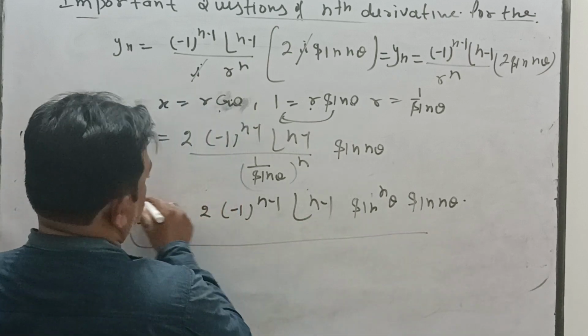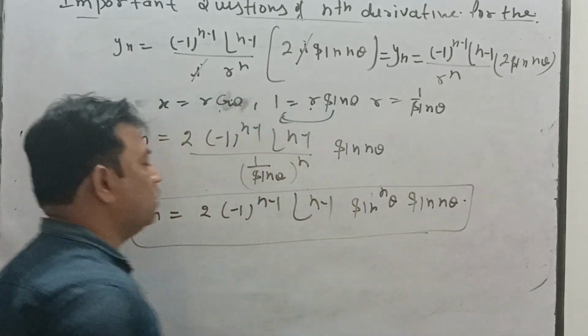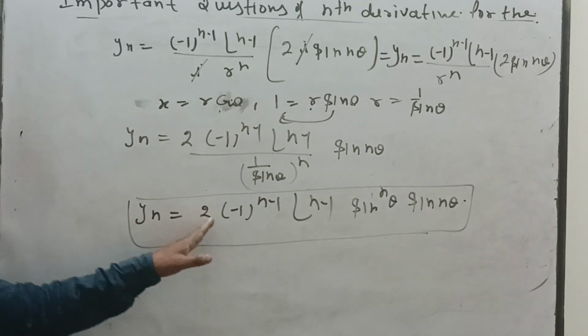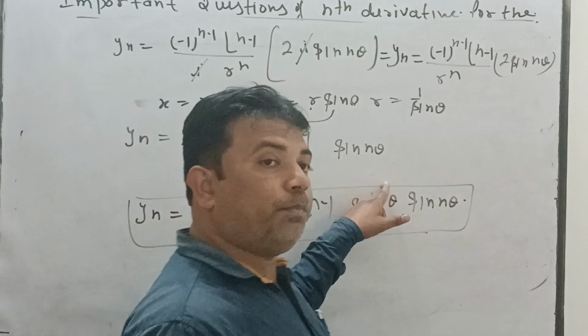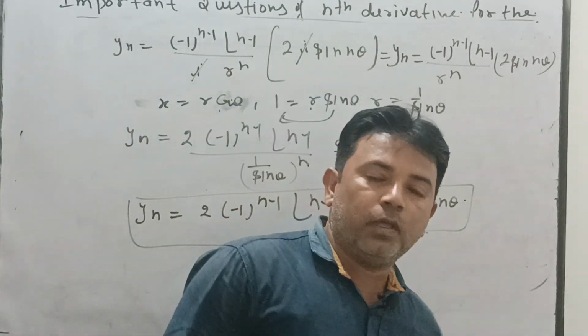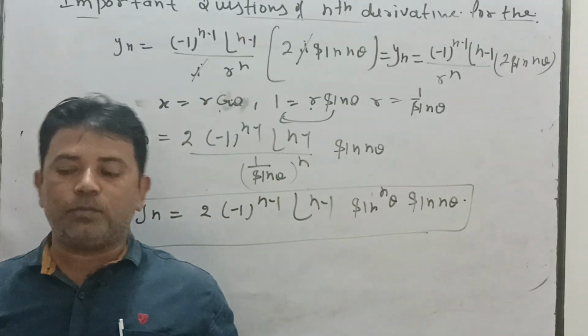This is the correct answer of this question: y_n equals 2 (-1)^(n-1) (n-1)! sin^n θ sin(nθ). Do you all understand? Please make a note.